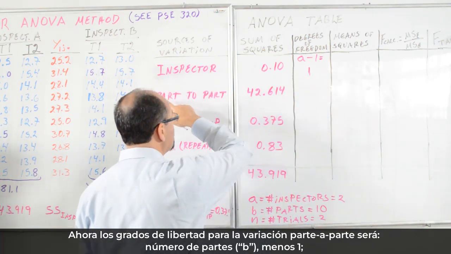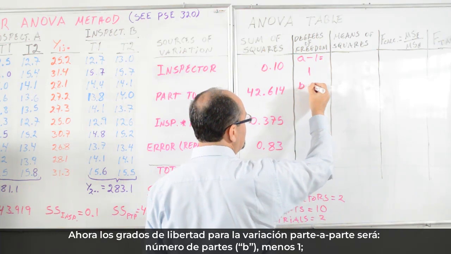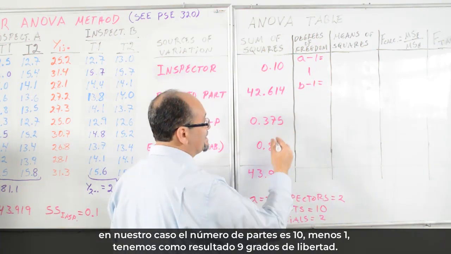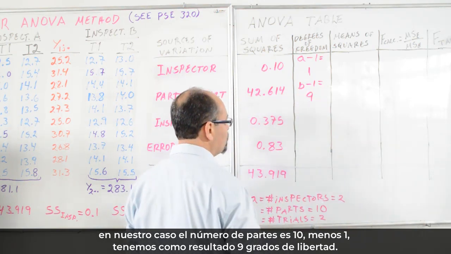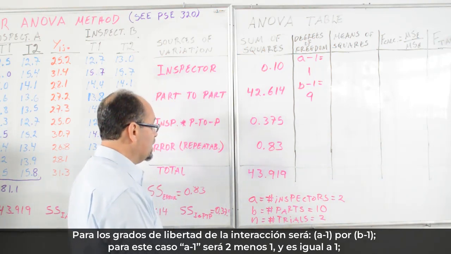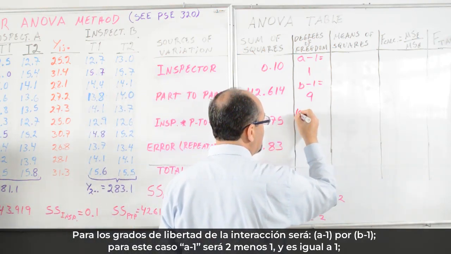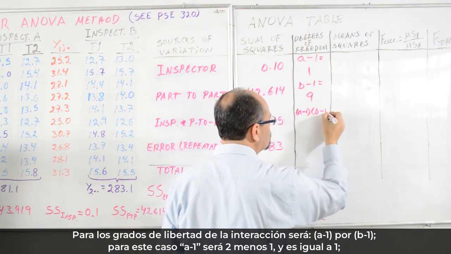Now, the degrees of freedom for the part-to-part will be number of parts, B, minus 1. In our case, the number of parts is 10 minus 1. We are having 9 degrees of freedom. For the degrees of freedom of the interaction would be A minus 1 times B minus 1.